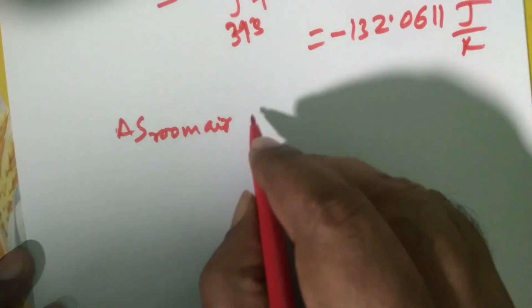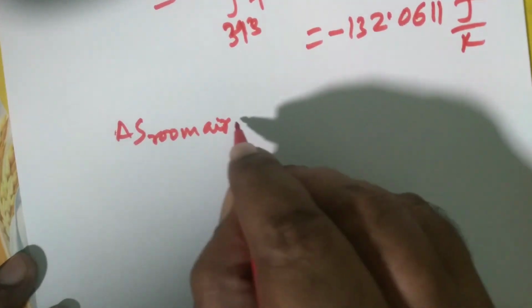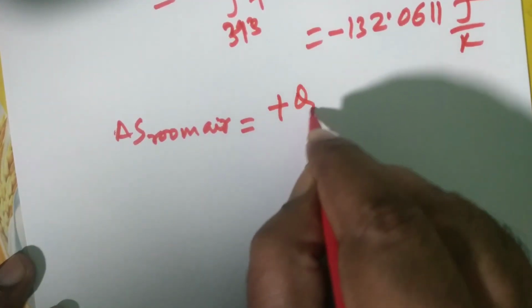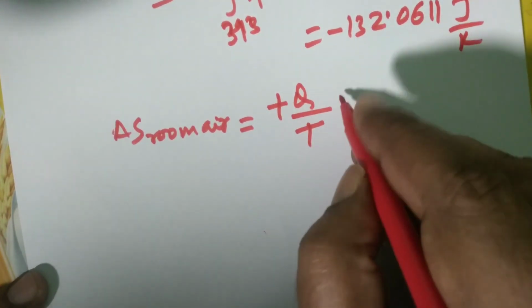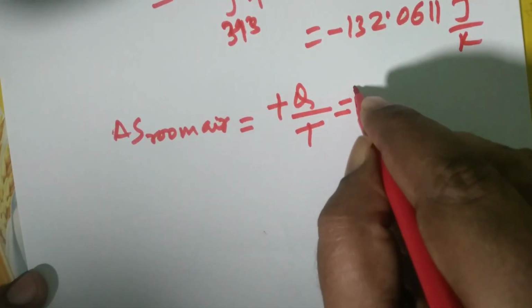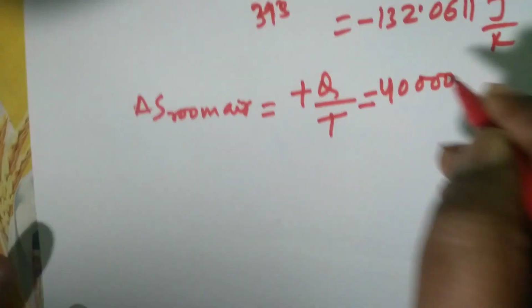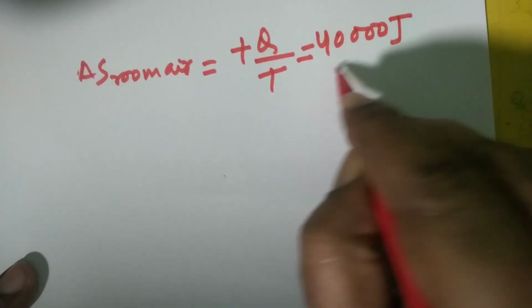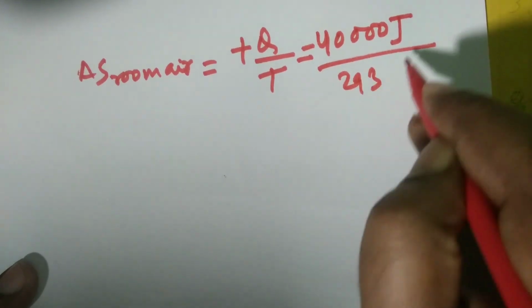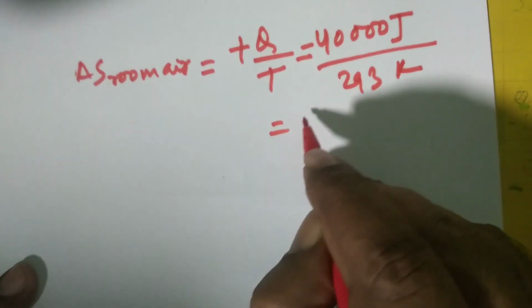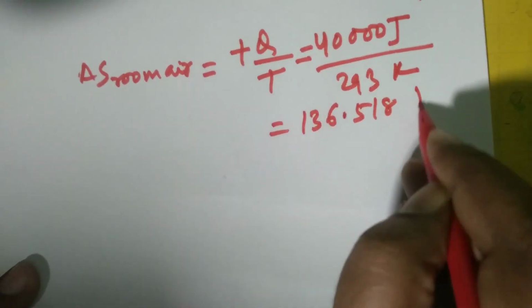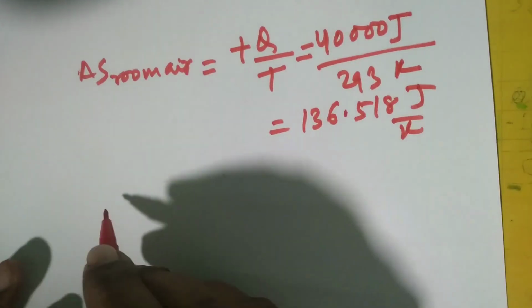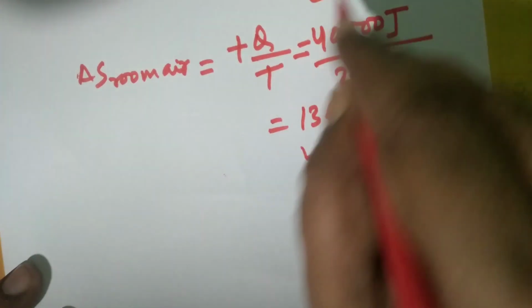So for room air, delta S of room air will be plus Q upon T, and Q we have already calculated in the first part, and this is 40,000 joule. 40,000 joule divided by 293 Kelvin is equal to 136.518 joule per Kelvin. So this is plus and this is minus.